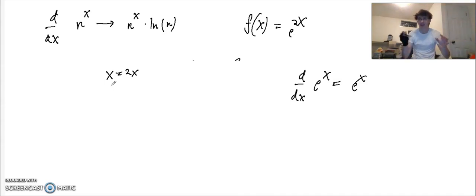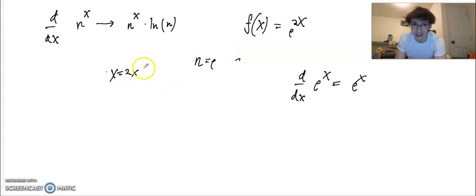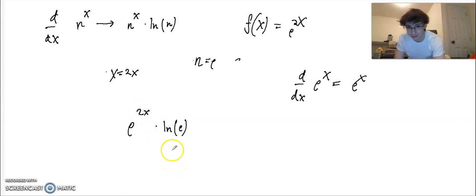It can be anything, and in this case we're plugging in 2x. It'll make more sense when I go over u substitution. There's a lot of stuff I should have explained before this. Oh well. So we just got our base, like n equals e, x equals 2x. So let's just plug stuff in. So e to the 2x times ln of e.